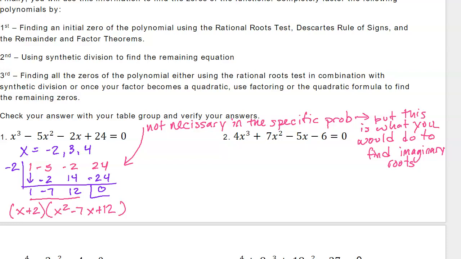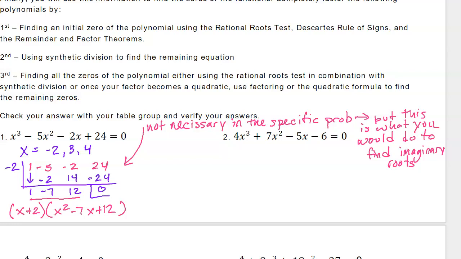What would we have to do? We've already said it once. I think Jordan said it first. Yes, the quadratic formula. All right.